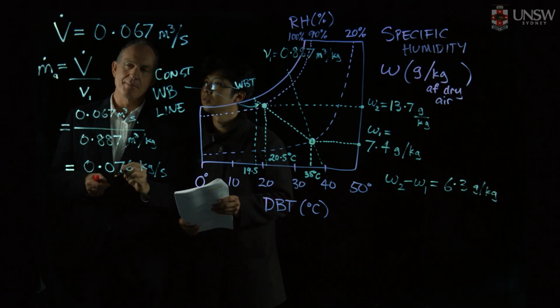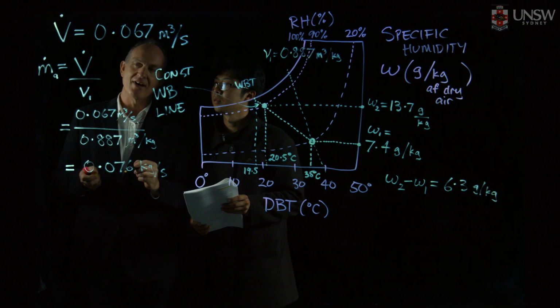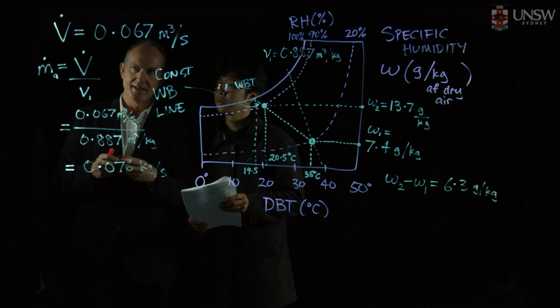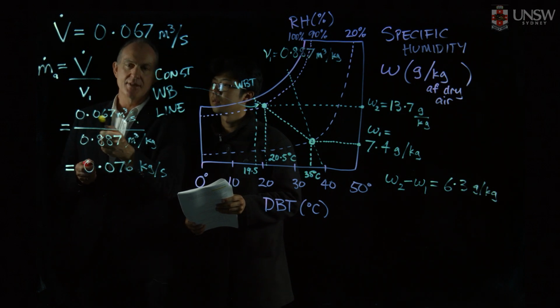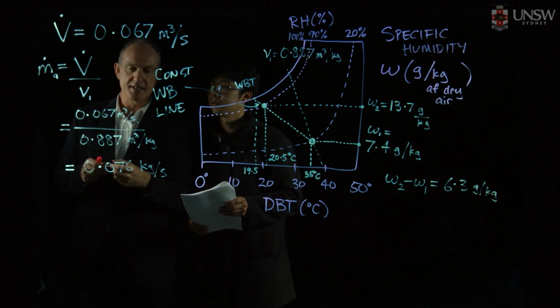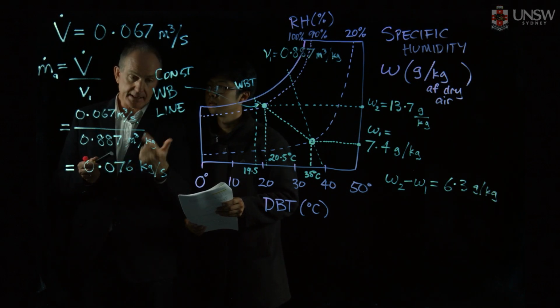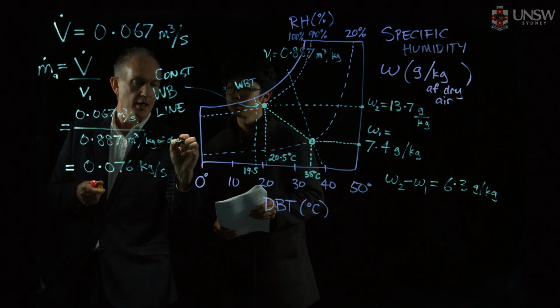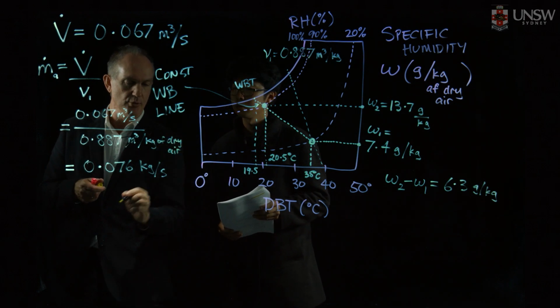Now, an important thing that I've left off is that this is the mass flow rate of our dry air. We're working everything out on a dry air basis. Remember that the specific volume is always cubic meters per kilogram. Better put that in there. Kilogram of dry air, just to emphasize the point.